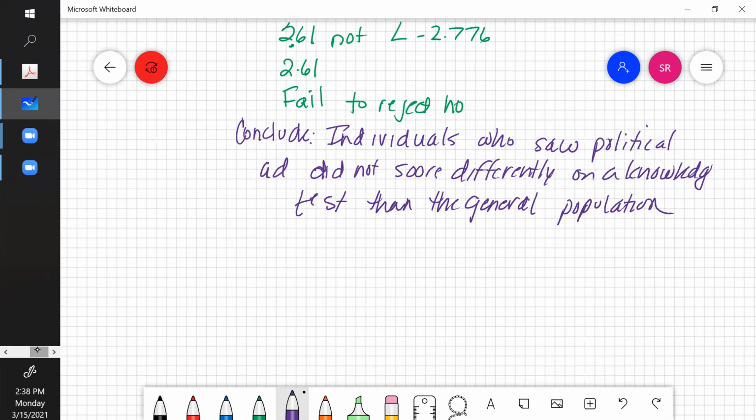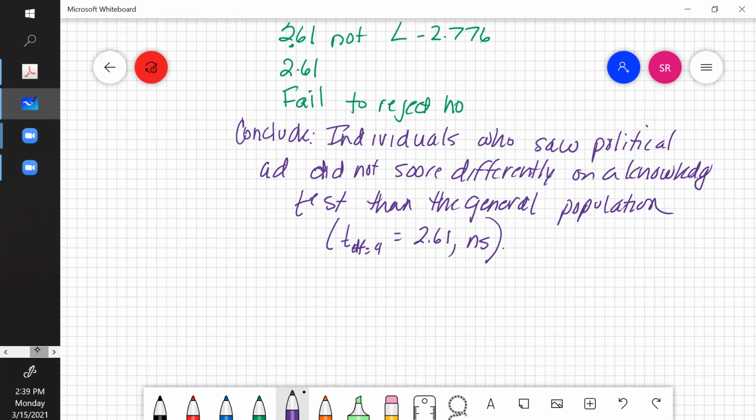And we would end up putting the t-score in there. We would put the t-score and the degrees of freedom, and we'd put what the score was, 2.61. And then we put not significant, period.